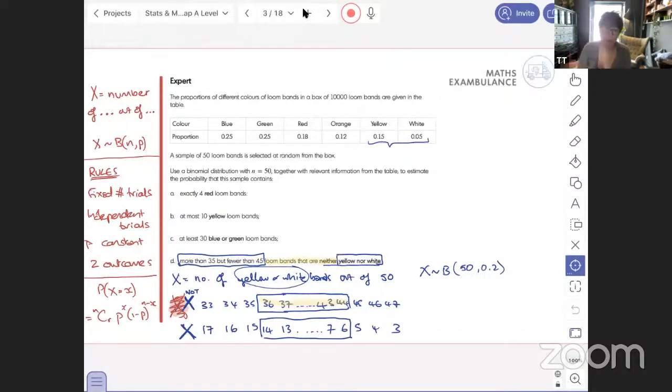Now, the other option is that in the very first place, we don't define it to be the number of yellow whites. We define it to be the number of not yellow whites, in which case P is not 0.2, P is 0.8, because we just add up all the other ones. And it doesn't matter which way you do it, you just have to know what it is that you're doing, okay?